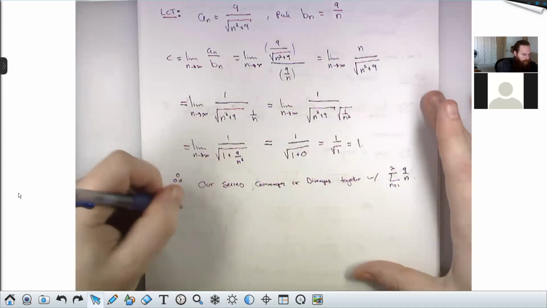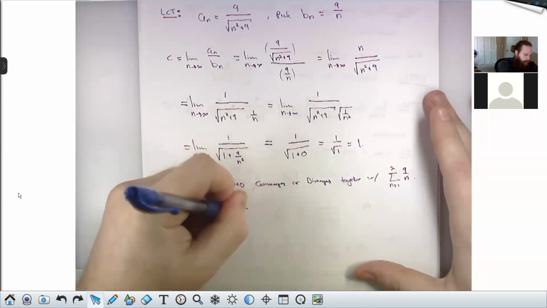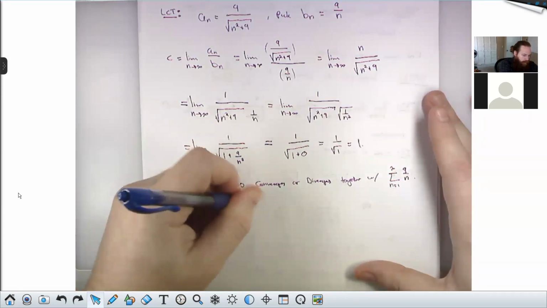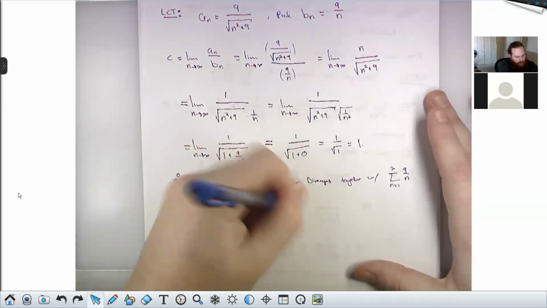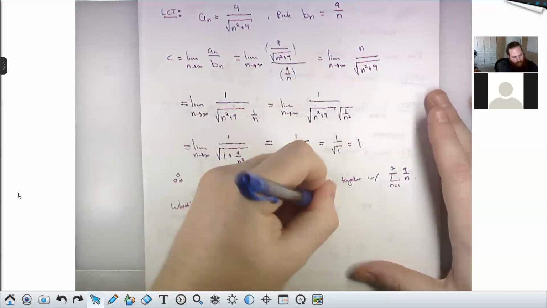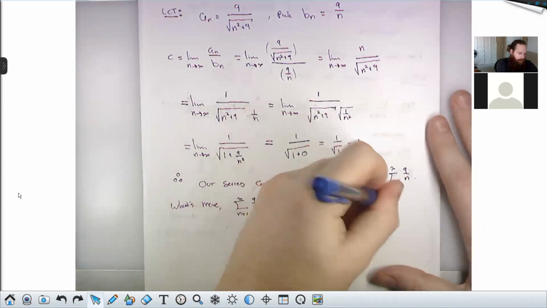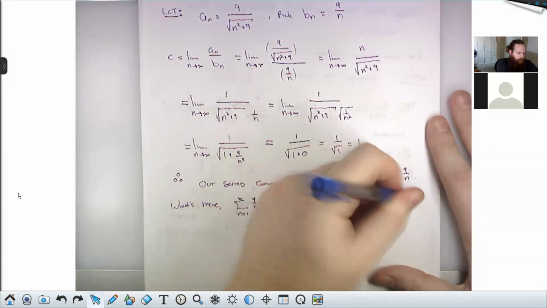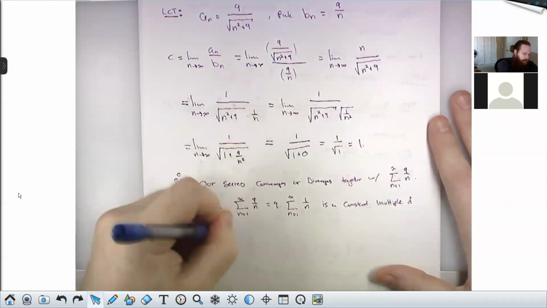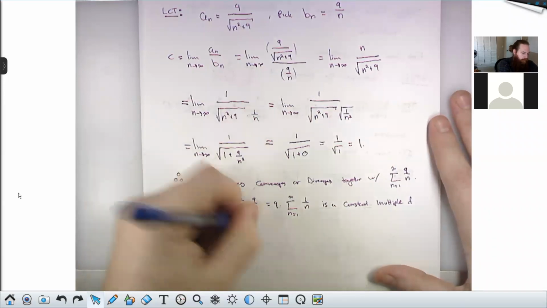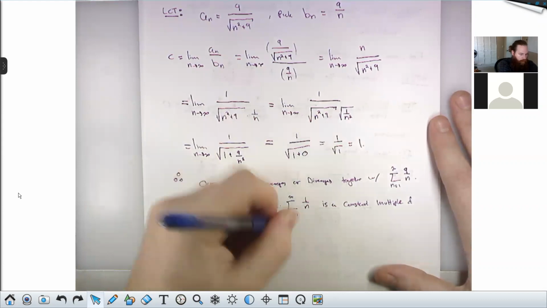What's more, sigma n from 1 to infinity 9 over n is 9 times sigma n from 1 to infinity 1 over n, a constant multiple of a divergent p-series, because p is equal to 1, which is not greater than 1.